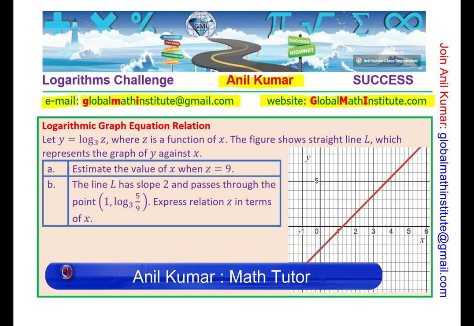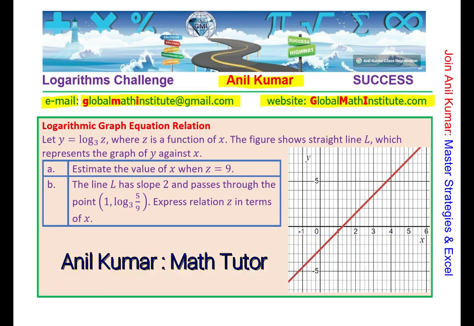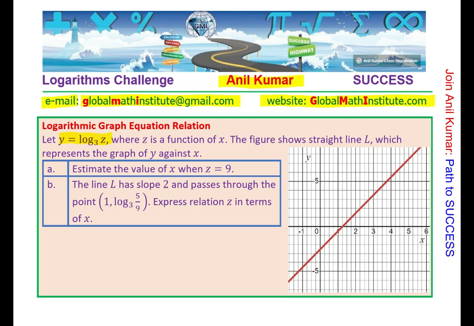Here is a challenge question based on logarithms, which we have seen for IBHL students. We'll find the solution of this problem in very simple, understandable steps. So we are given that y equals log to the base 3 of z, where z is a function of x.